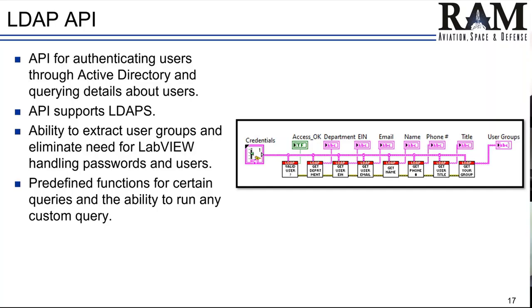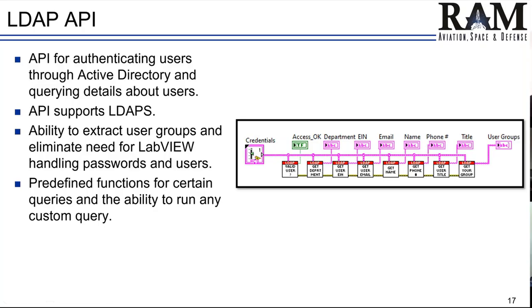In addition, we can query and store all sorts of values specific to that user. We're able to validate that a certain user is a valid user for the given domain that we're in. We can also query details about them. So I've mapped a whole bunch of common functions.